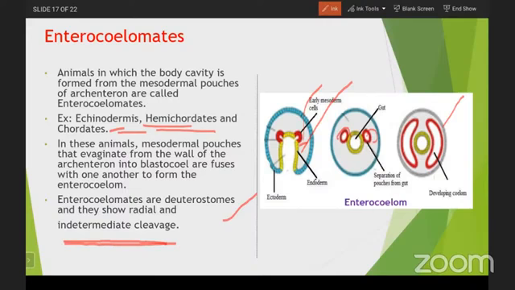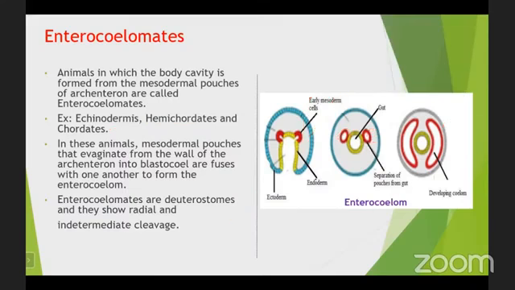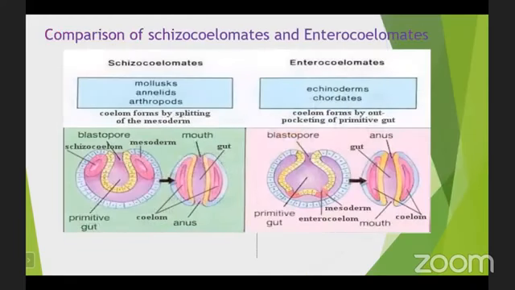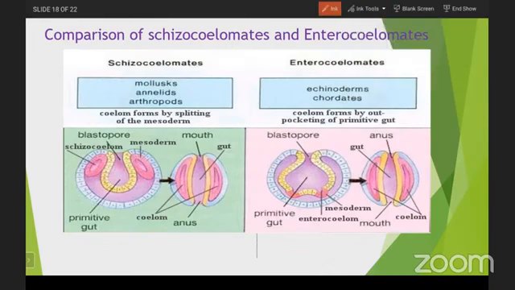Okay. Now, comparison. With this picture, you can easily understand the schizocoelomic formation method and the enterocoelomic formation method. The examples are molluscs, annelids, arthropods here, and echinoderms and chordates here.